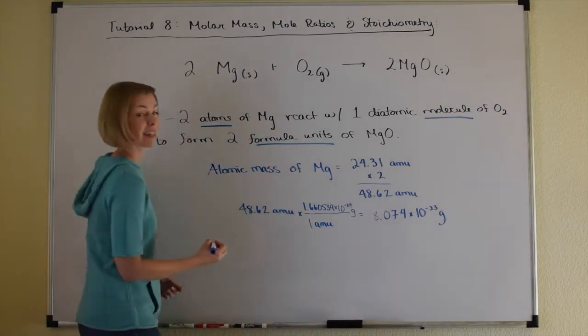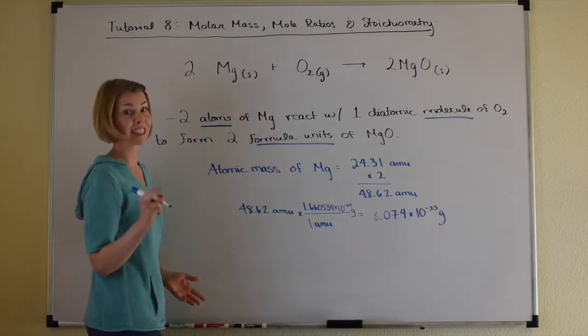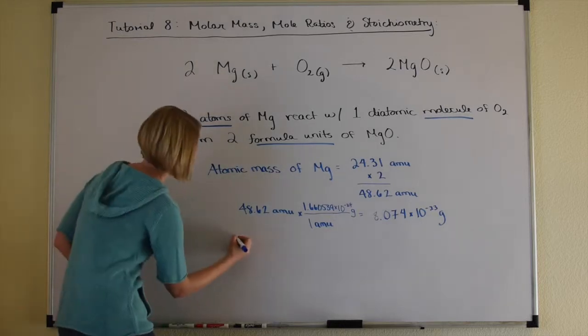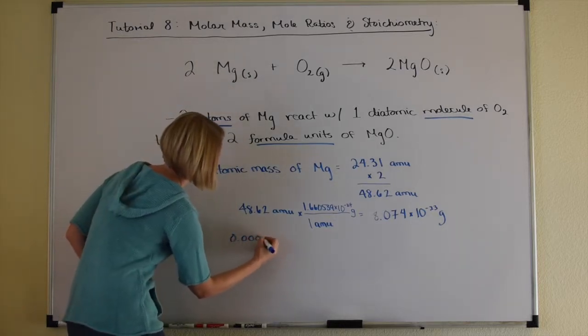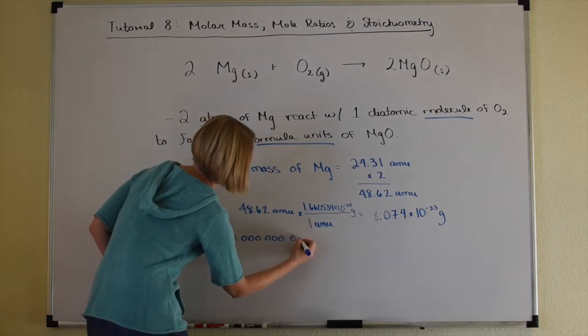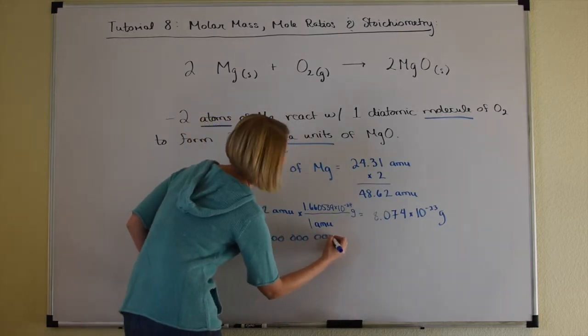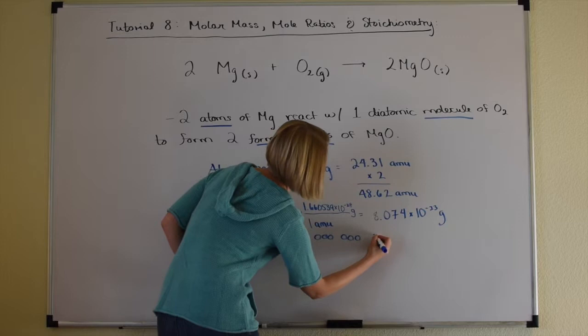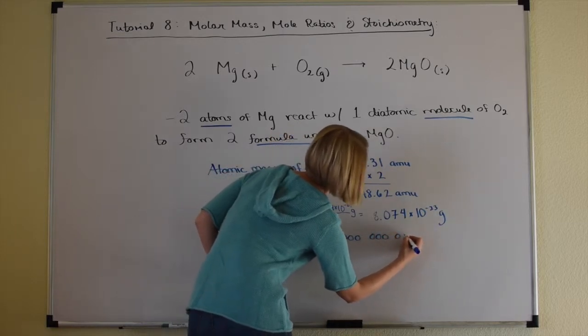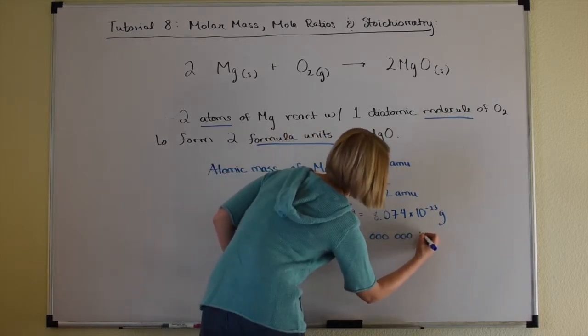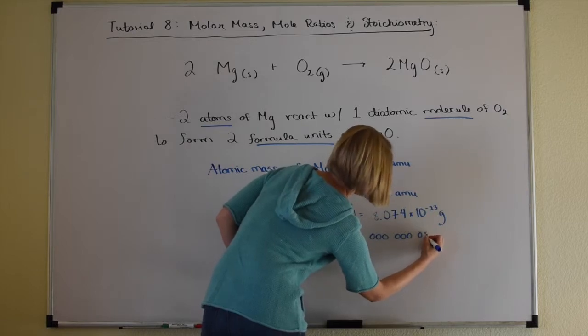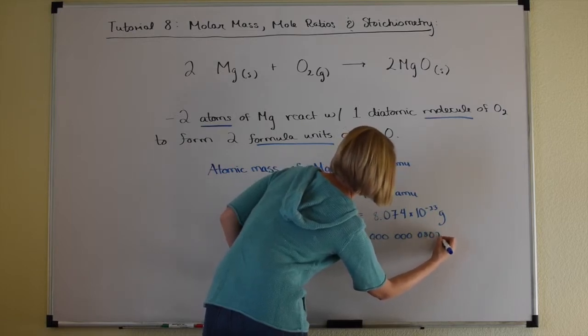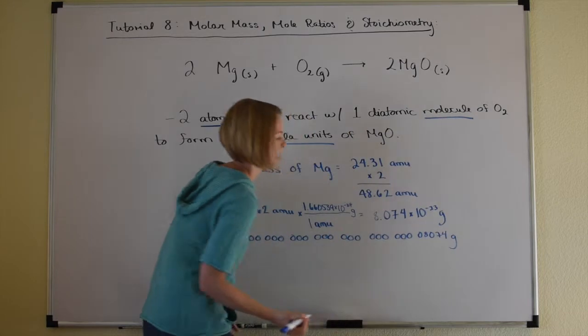I'm going to write that out of scientific notation. It's going to take me a while because I'm going to need a lot of zeros. 0.000, 000, 000, 000, 000, 000, 000, 000, 0874 grams. Oh my goodness.